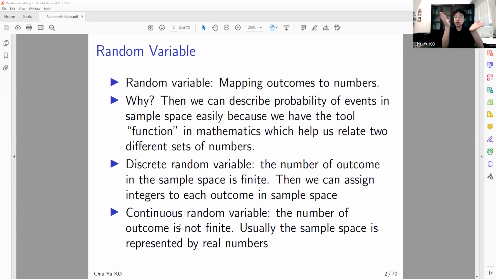Uncountable here means that for any two numbers, you can find a number in the middle, and you can further refine it, finding a number between those and again in the middle. You can keep finding numbers in the middle for every two numbers you pick from the sample space.